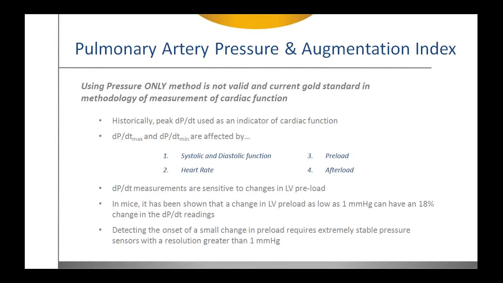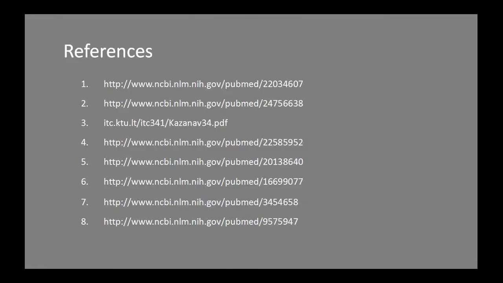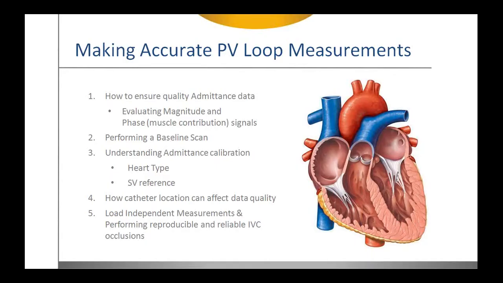Moving to the next slide, which are references of all concepts covered by all slides preceding this slide. As we're moving forward, we will cover PV loops. We will cover what's called making accurate PV loop measurements. In this slide, we will talk about how to ensure quality of admittance data, evaluating magnitude and phase, which is the muscle contribution signal.